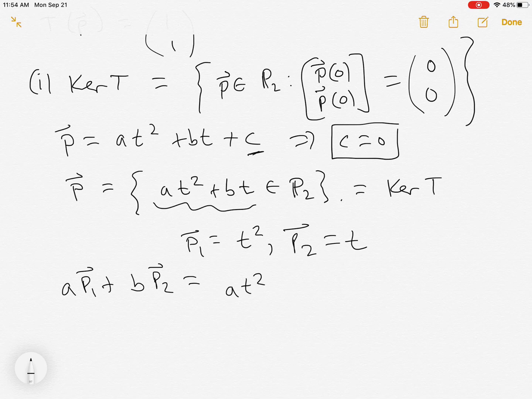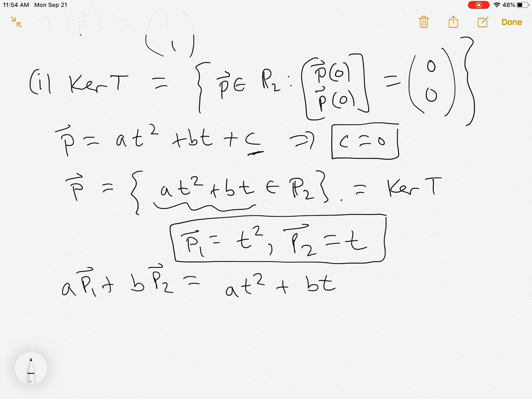You get AT squared plus BT. Okay? So these two vectors are a span of the kernel of T. So the kernel of T turns out to be the span of the two vectors T and T squared.